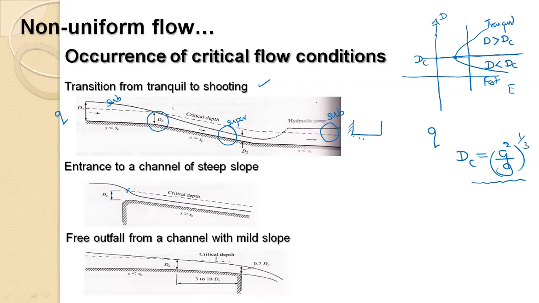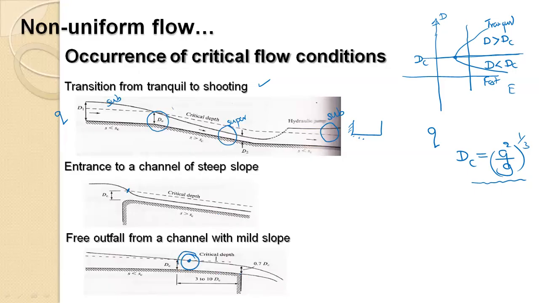So then this means the critical depth occurs. And at the same time, just like in a waterfall, there can be some free outfall from a channel, and then it can also lead to the occurrence of critical conditions. So critical condition occurs somewhere here.